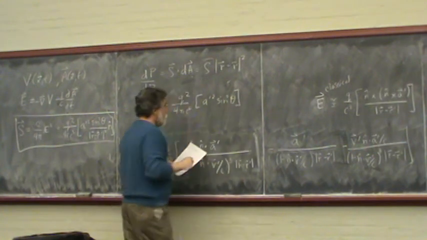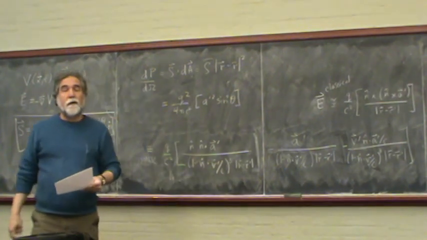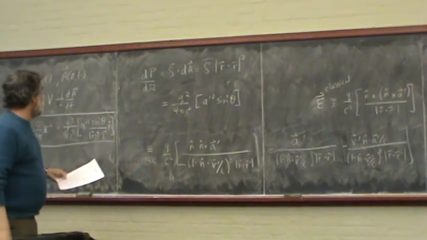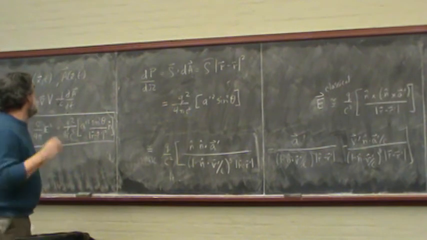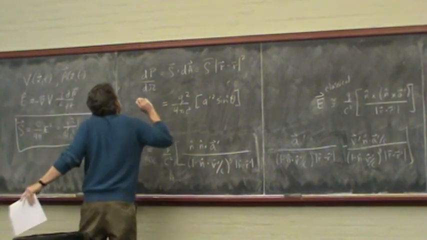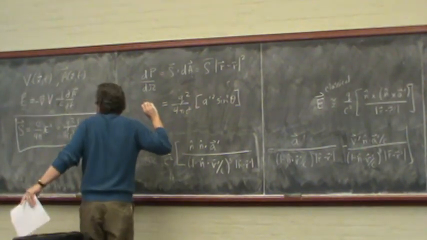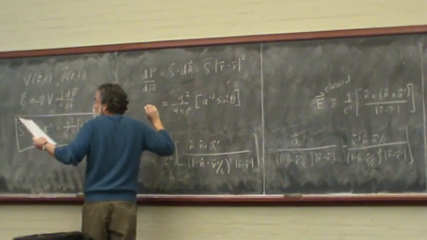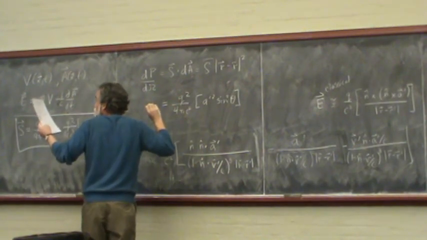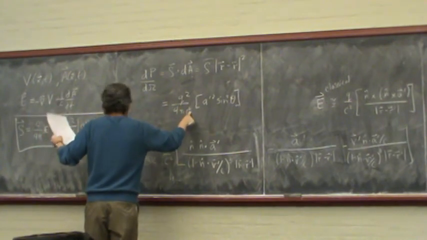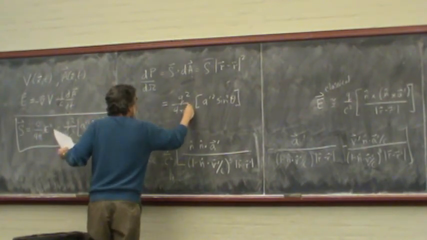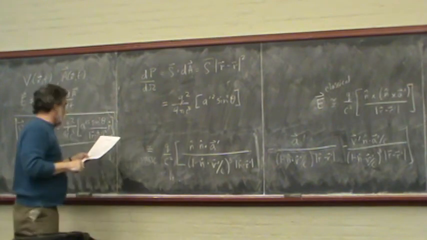What happened to what I dropped? The extra c in the bottom, yeah? It should just be c cubed. Good, thank you.